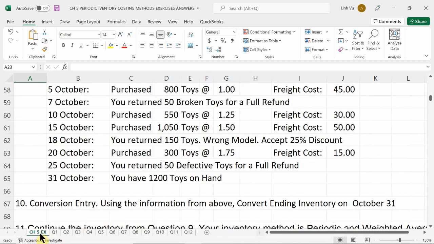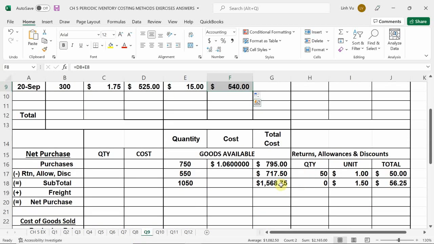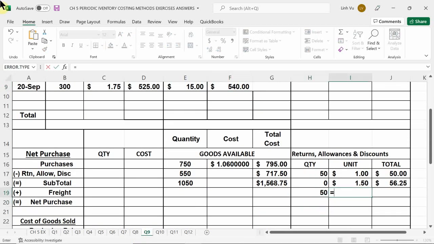Then, last but not least, on October 25th, we end up returning 50 defective toys for a full refund. And of course, at the end of the month, we ended up with 1,200 toys on hand. So in this case, 50 defective toys for a full refund. At what cost per item here? $1.75.